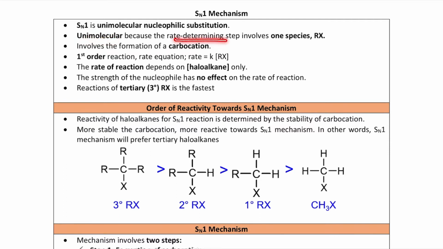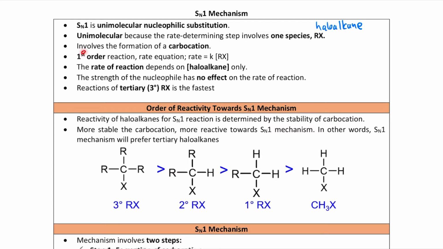Because the rate determining step involve only one species. Okay, RX here adalah haloalkane. Right, so kiranya dekat sini the word unimolecular tu untuk melambangkan rate determining step dia hanya melibatkan satu spesies, iaitu haloalkane sahaja.